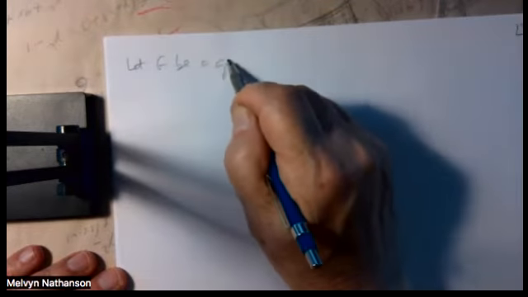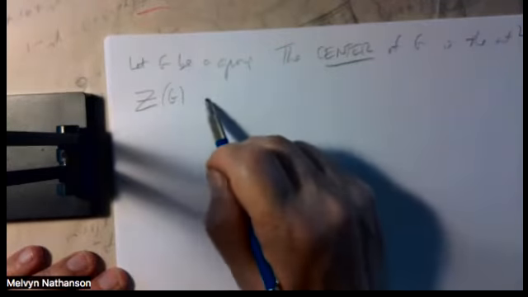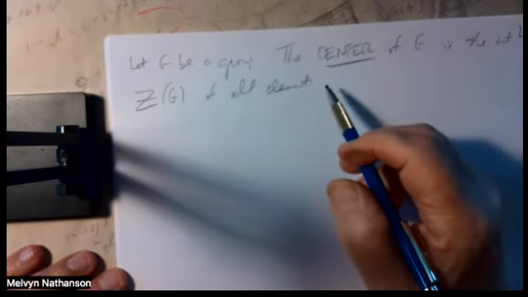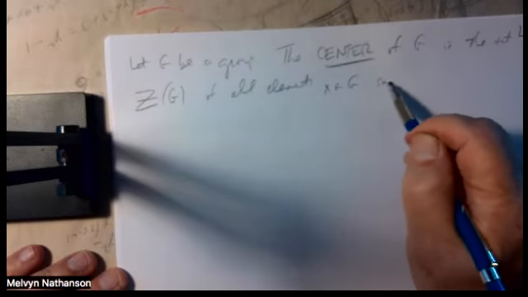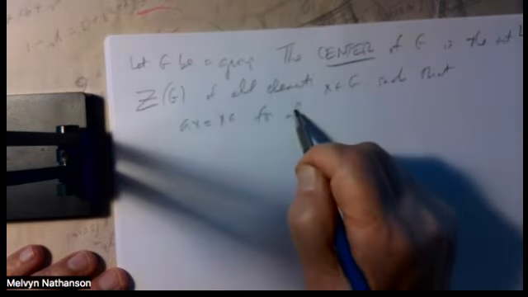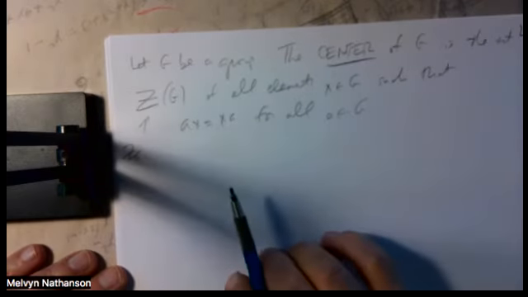Let G be a group, what is called the center of G. It's the set Z of G of all elements X in G that commute with every element of G, such that A X equals X A for all A in G. And the notation in the book, it's your choice what notation you use, is Z sub G. So either Z subscript G or Z of G like this, that's the center of G.